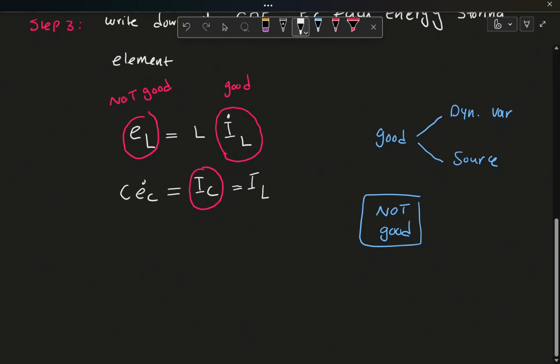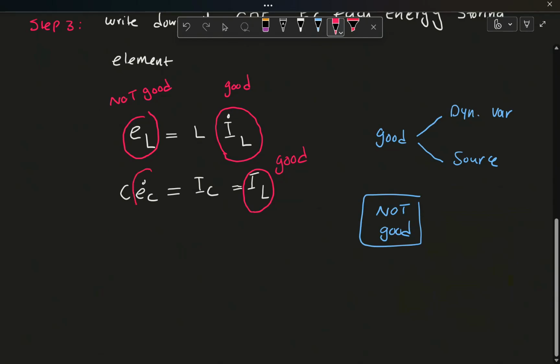In a way, IC and IL are the same in this specific problem. It's not always true, just in this specific problem. Now, if this is IL, then IL is a good term since it's your dynamic variable.